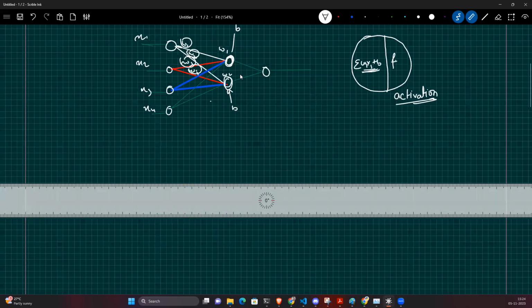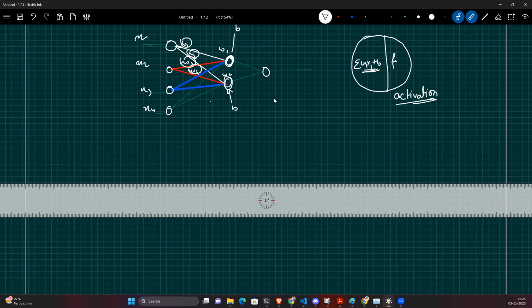In this neuron, what are the inputs coming in? Just think about this neuron. W1 is coming, W3, W5, and W7.